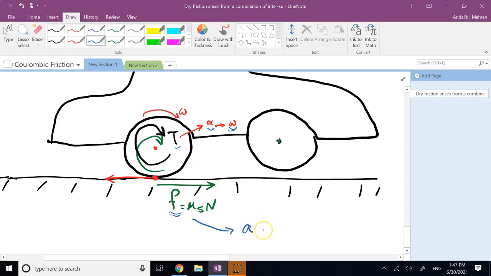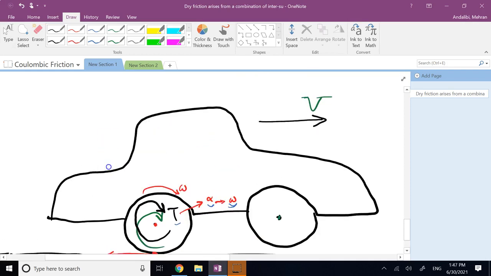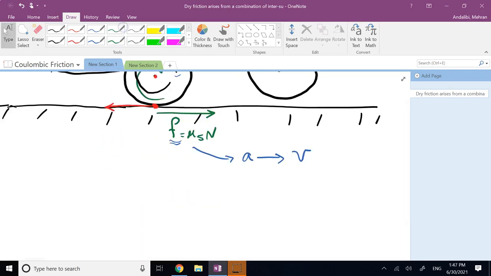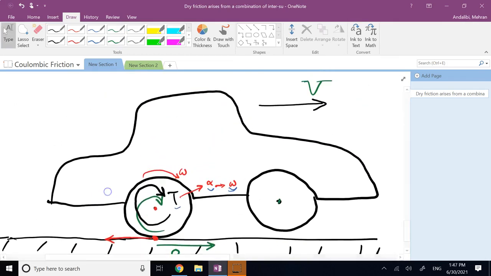So it gives an acceleration. Acceleration leads to what? To the velocity, which I have shown here. So now your car, the whole car as a rigid body, wants to move what? To the right. And that includes any point on this tire. Any point on this tire wants to move with that velocity v forward.